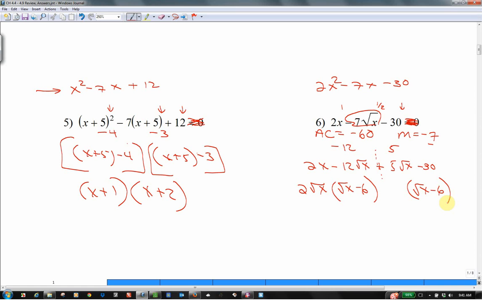And I would pull out a plus 5. And it looks like I'm ready to write it as a factor. So I have 2 times the square root of x plus 5 times the square root of x minus 6.